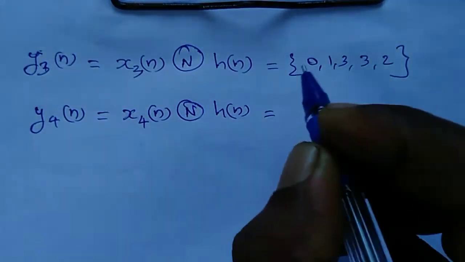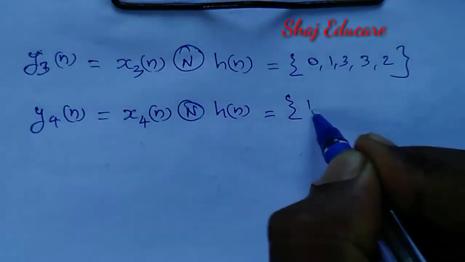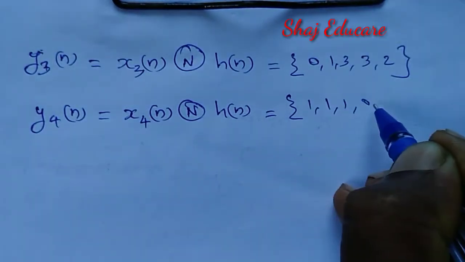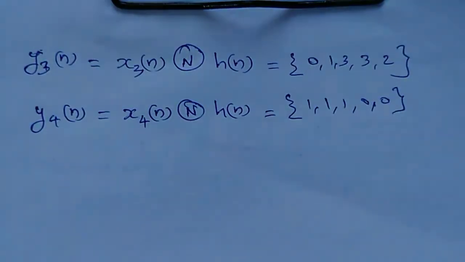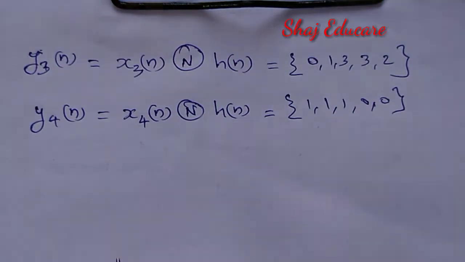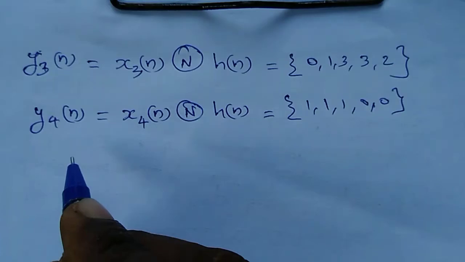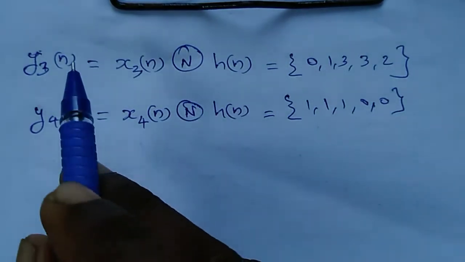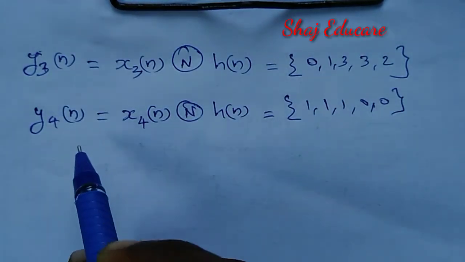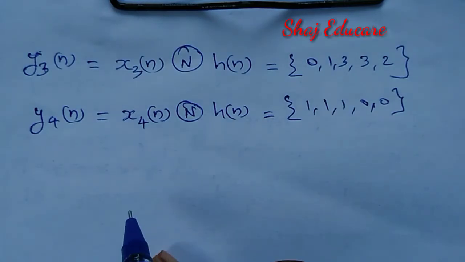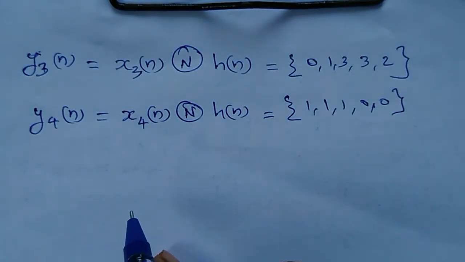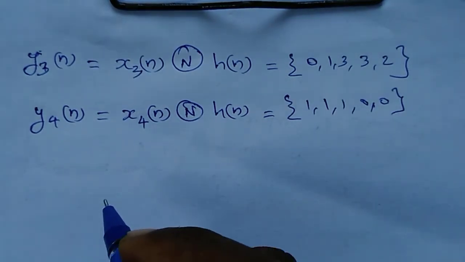This is circular convolution, and the result will be 1, 1, 1, 0. Next, we have to write the result after convolution, which means we write y1 of n, y2 of n, y3 of n, and y4 of n together to construct y of n, which is the last step.